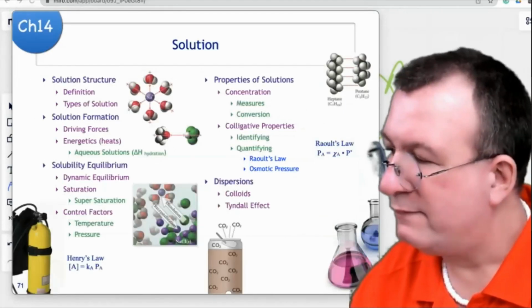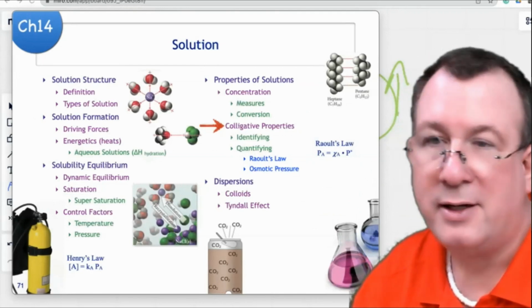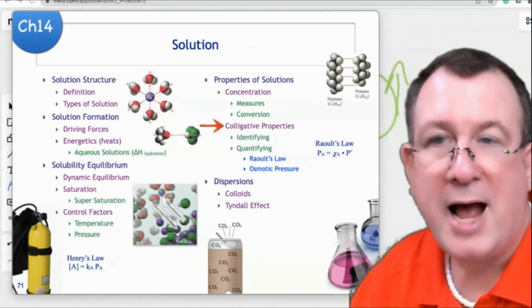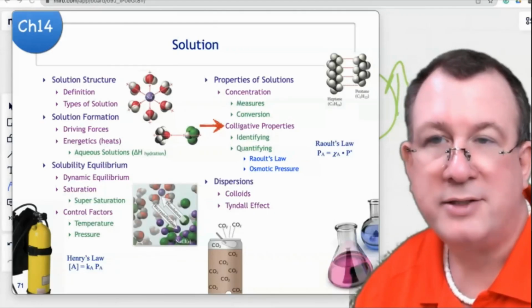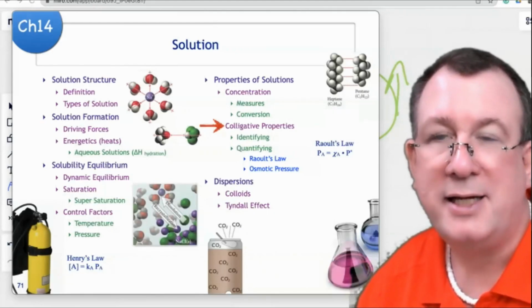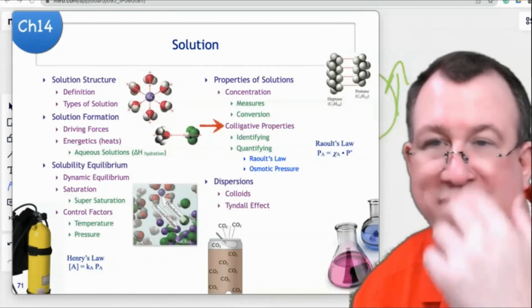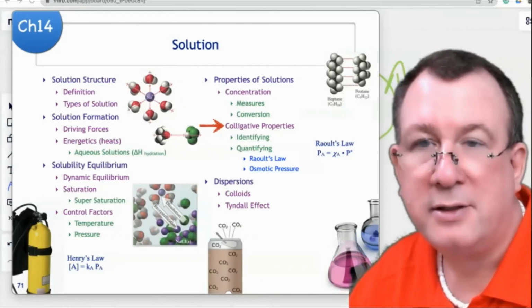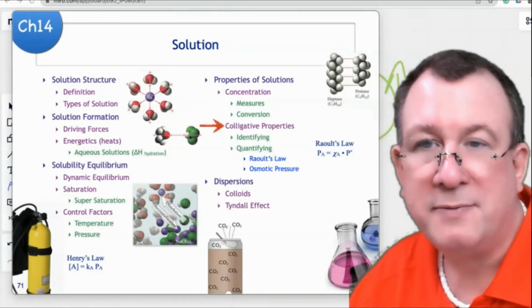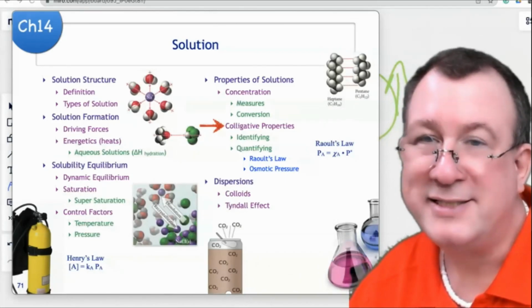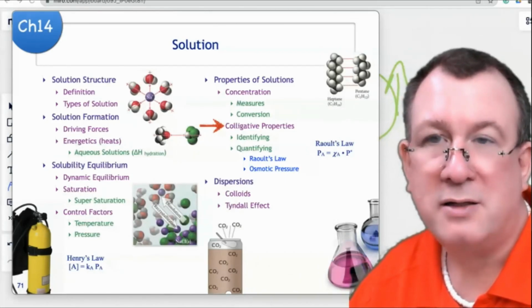Well, kind of. There are some substances that'll play a trick on you. I just told you that it only matters about the particles, not the substance. But with ionic materials, the number of particles you put in per moles of substance is not always 1.